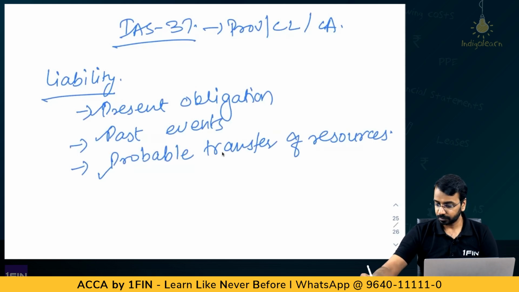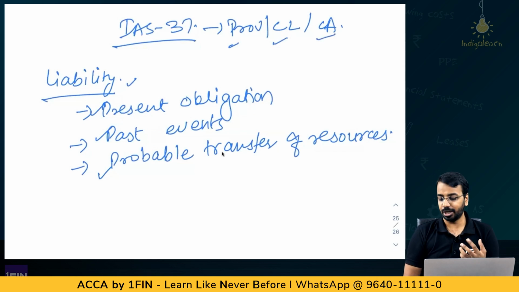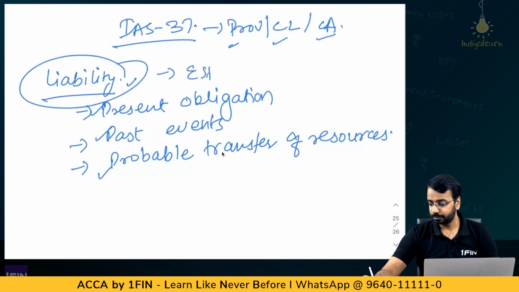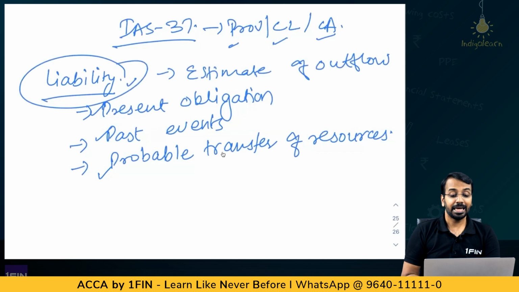Now, there is a slight difference between what is a liability and what is a provision, and then a contingent liability and then a contingent asset. When we say provision, provision is also a liability. But here you have to make an estimate of the outflow. So, a provision is a liability, but when we talk about a provision, there is an estimate.